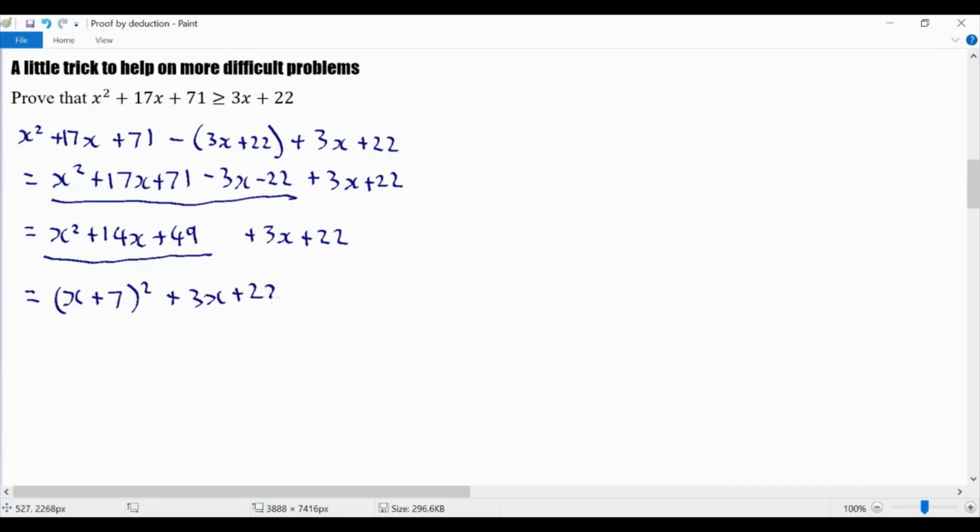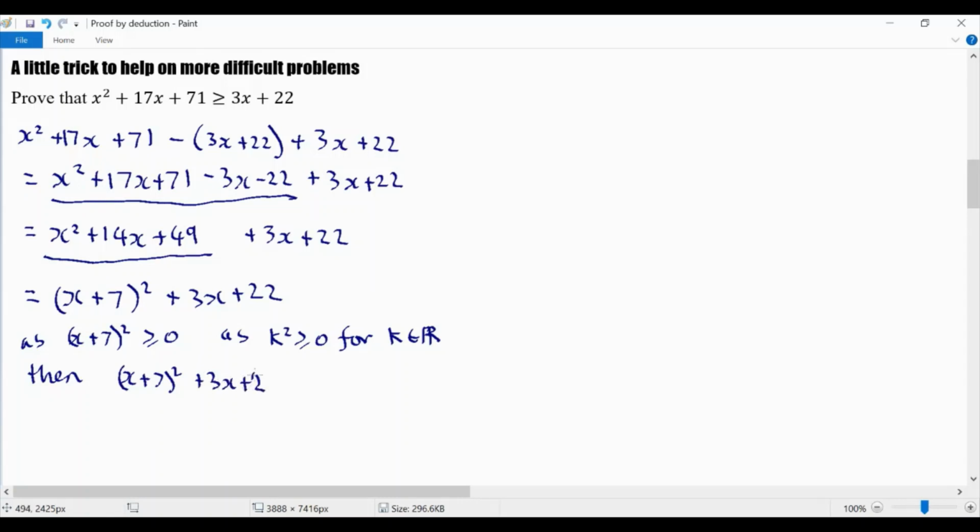And now it becomes a lot easier to see why the thing we're trying to prove is true, because now we can say as x plus 7 all squared is greater or equal to 0, as k squared is greater or equal to 0 for k any real number, then x plus 7 all squared plus 3x plus 22 must be greater or equal to 3x plus 22, because it's got to.